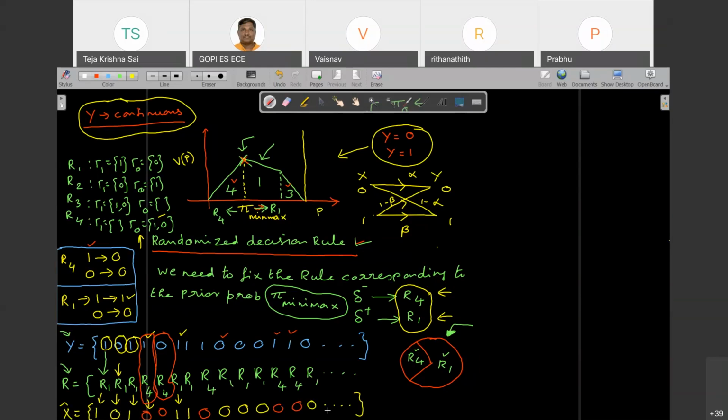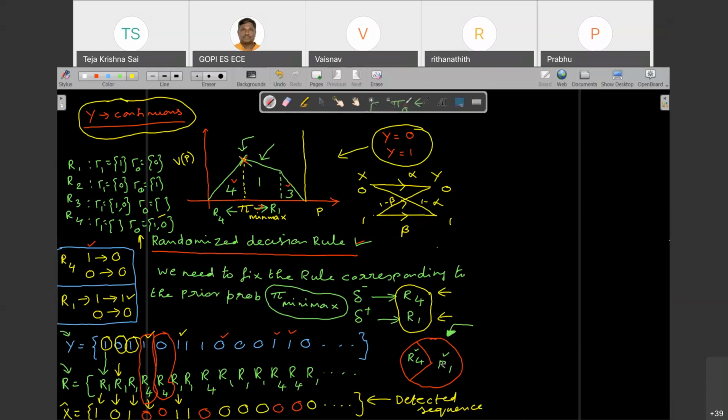So it is not a single rule I am using for detection. This is the detected sequence. But in that detected sequence, we are not using a single rule. We are using two rules, R4 as well as R1, but it is chosen based on probability. You can think of it like a roulette wheel having two different areas, and you are selecting R1 and R4 by rotating this roulette wheel every time.